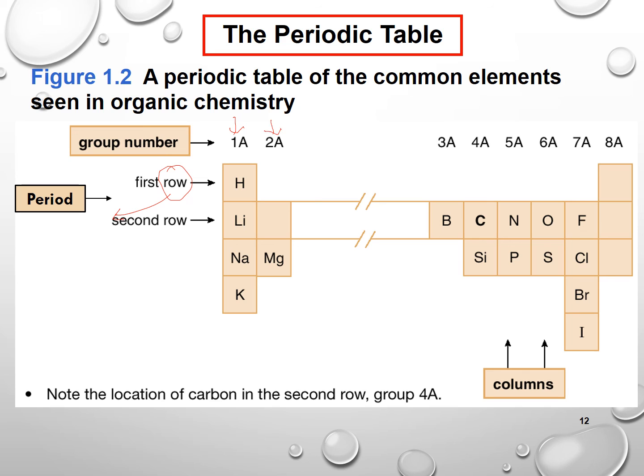So kalau the same group, dia akan mempunyai similar chemical and physical properties. Untuk same row, for the same row, same period, it will have similar size. Okay, sini similar chemical and physical.